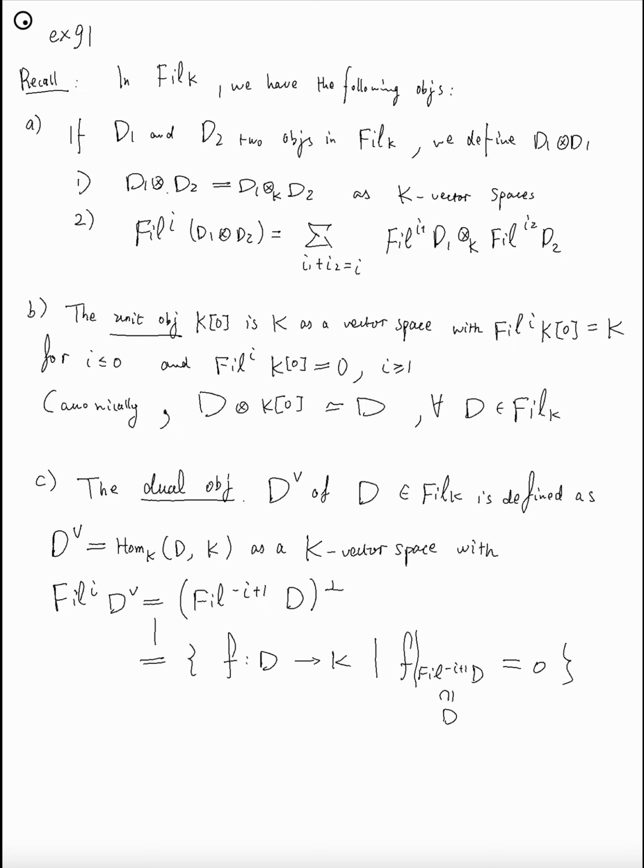That's why we'll see a phenomenon that if the jumping index for D is I, then the jumping index for D^DU is -I.